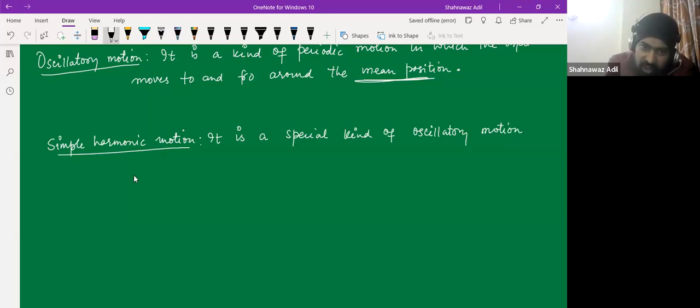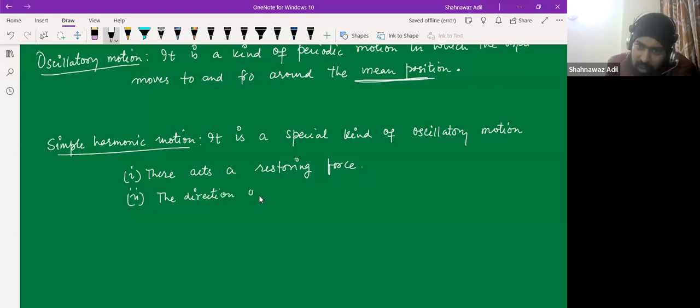In which there acts a restoring force, and the direction of the restoring force is always in the direction of the mean position.